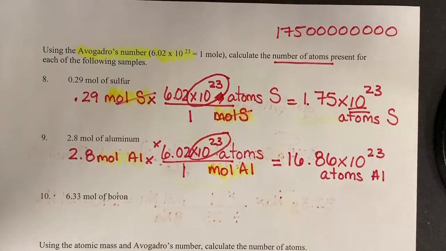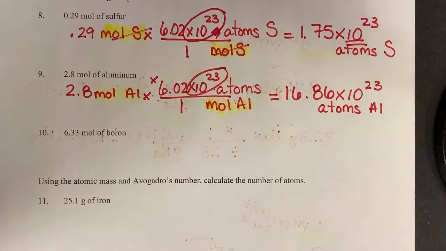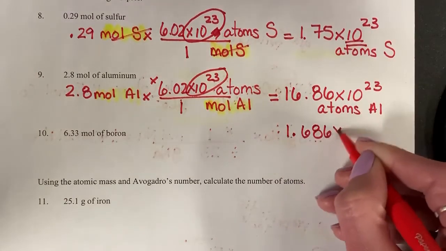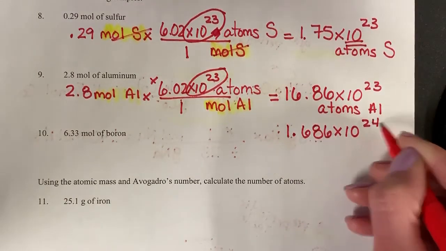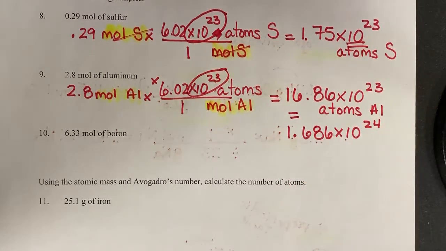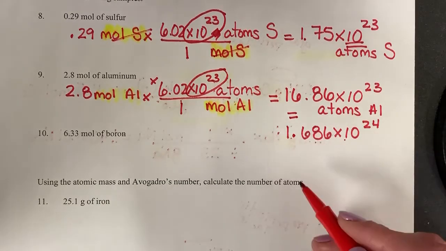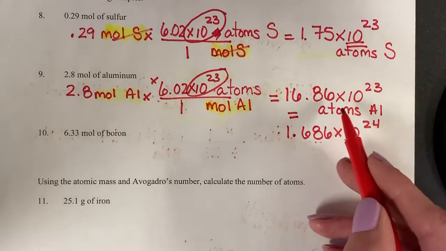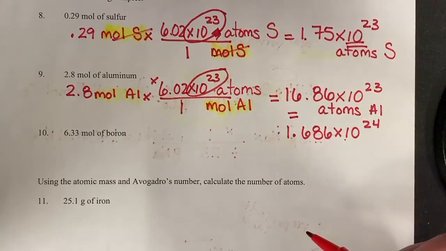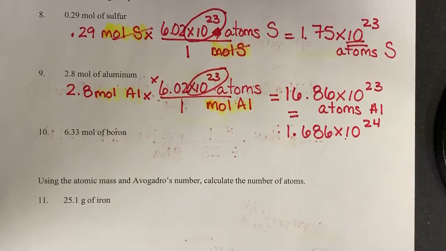Now, if you had a scientific calculator, if you plug this in exactly the way this was written on the scientific calculator, it would have told you this number and this number are exactly the same. This is true scientific notation. However, we're not going to take off points for this. This tells me you have a scientific calculator, but this tells me you still understand the concept. Take a second, pause, try number 10.